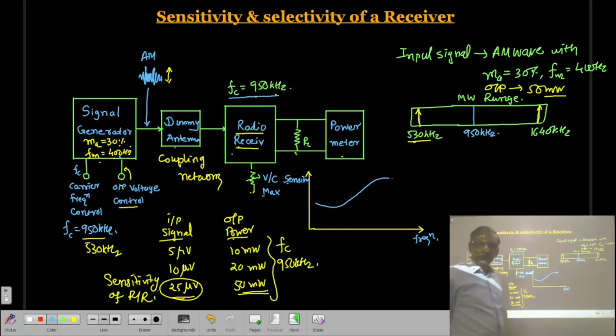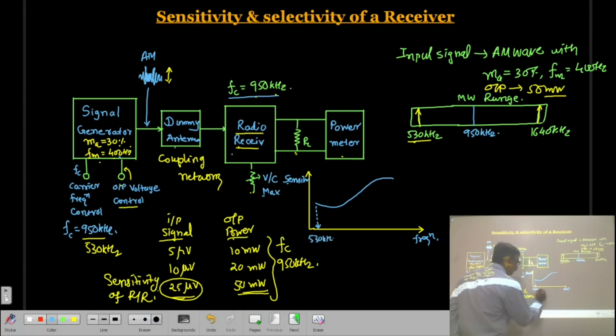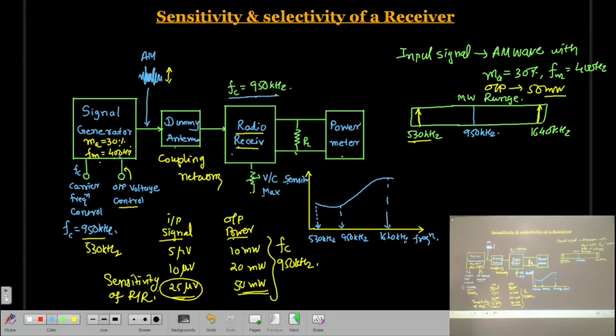Here you can see that we have a frequency of 530 kilohertz somewhere here, the frequency of 950 kilohertz somewhere here, and 1640 kilohertz somewhere here, and the sensitivity keeps changing.